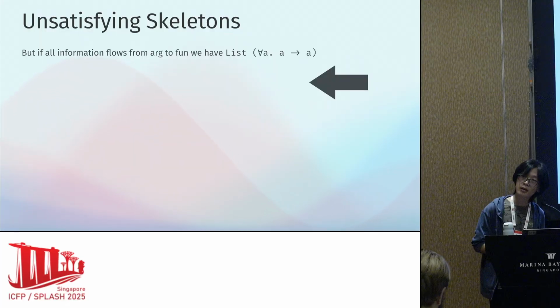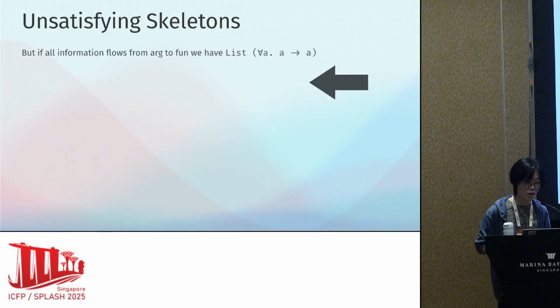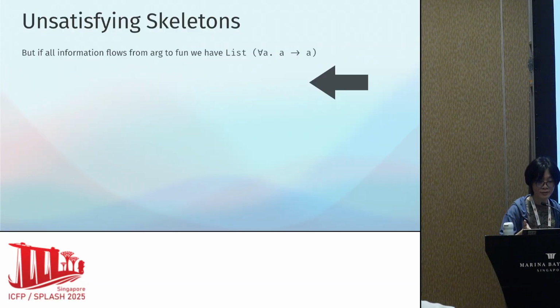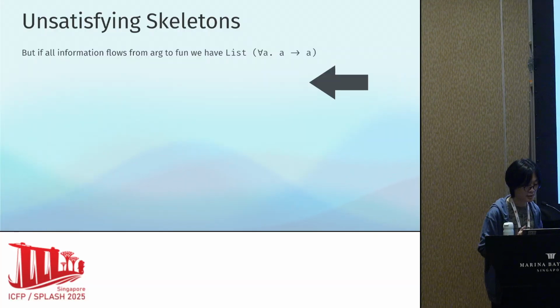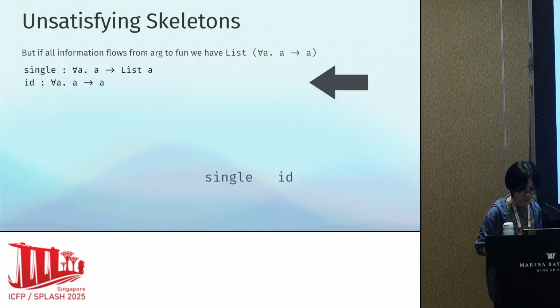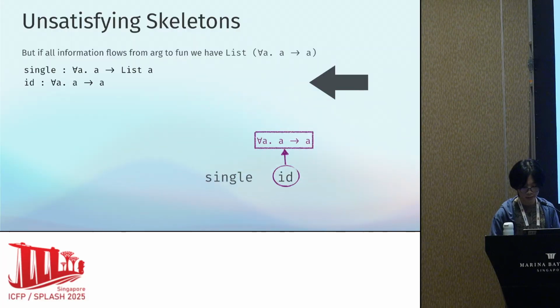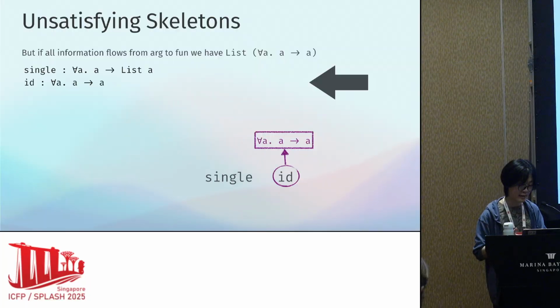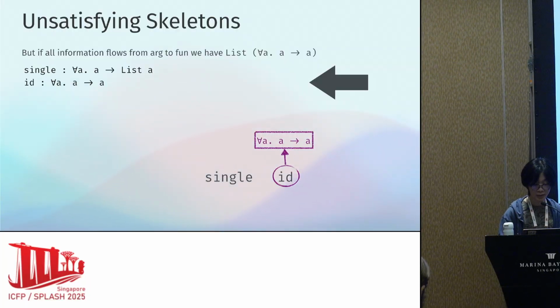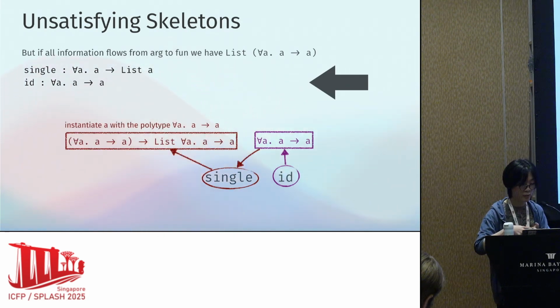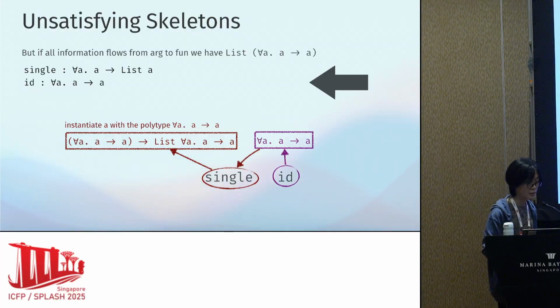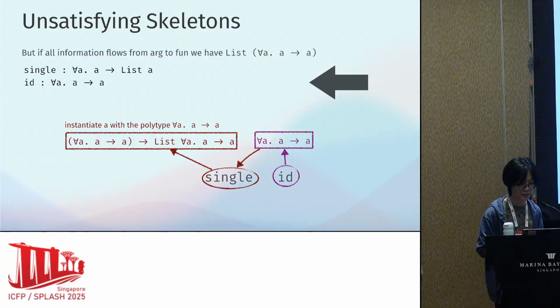However, if the information goes from the argument to the function, we actually can have the type list of for all a. a to a, which is a more informative type. To see why, the argument has type for all a. a to a, which is passed to the function to get its instantiation, which tells us that the type variable a should match the polytype for all a. a to a. So we can do a polymorphic instantiation for single.